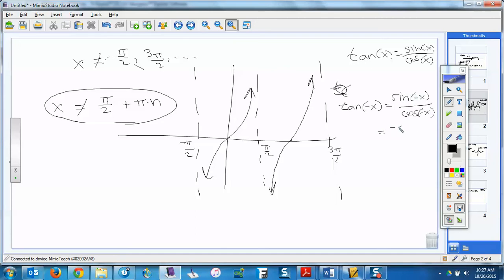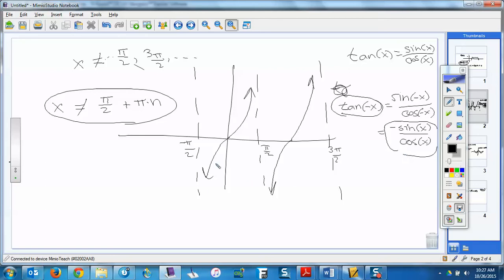You get out the opposite, negative sine x. And what would you get with cosine? The same. So, if you put an opposite into tangent, what do you get out? An opposite, right? Instead of sine over cosine, you get negative sine over cosine. So opposite in, we got opposite out, it's got to be what? An odd function.